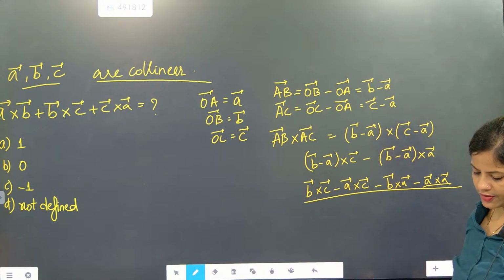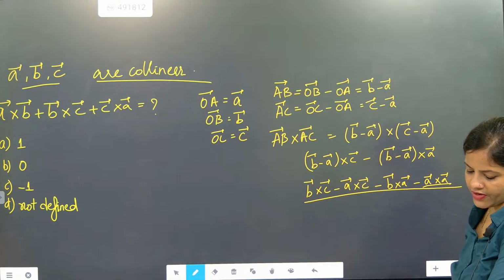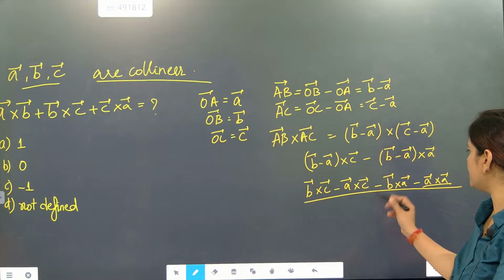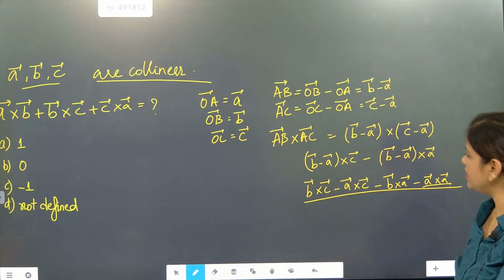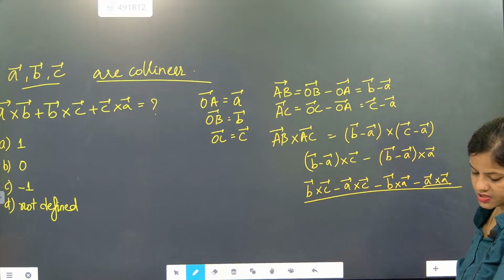No. This vector part will represent what? B cross C minus A cross C is there, and then minus B cross A is there.